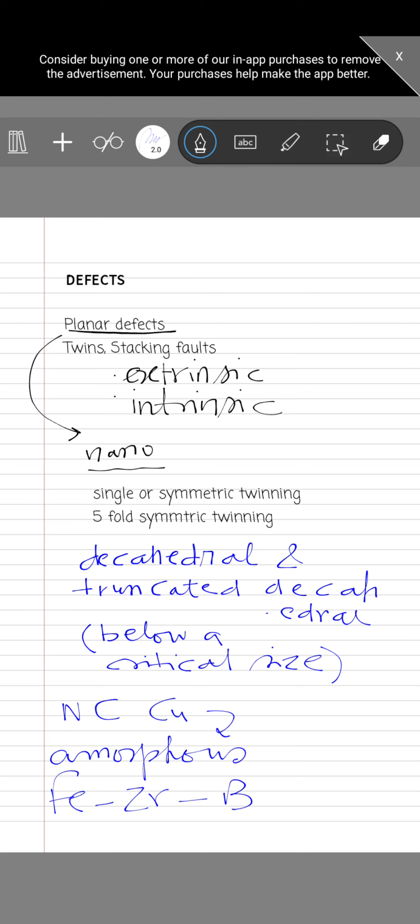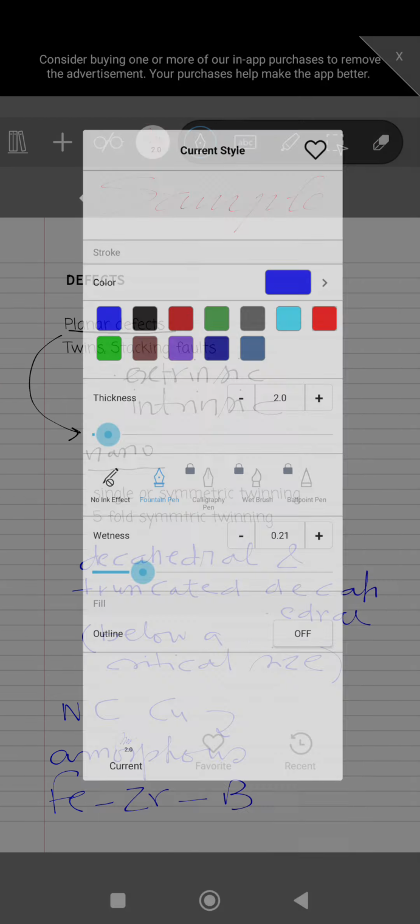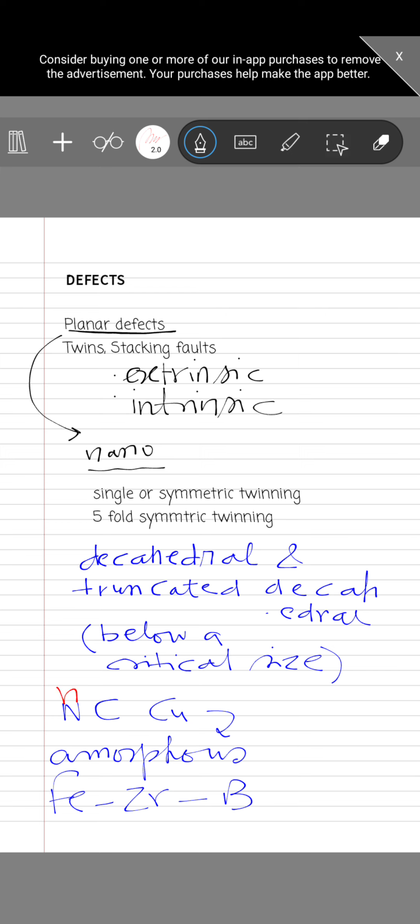These nanotwins are due to a strain developed in the copper-amorphous interface.